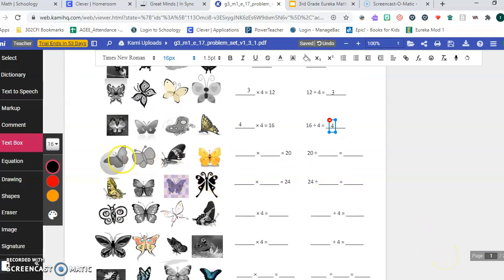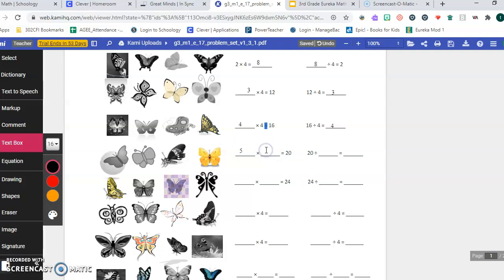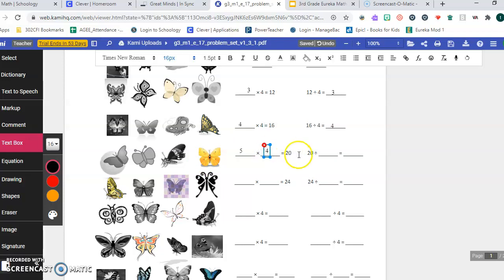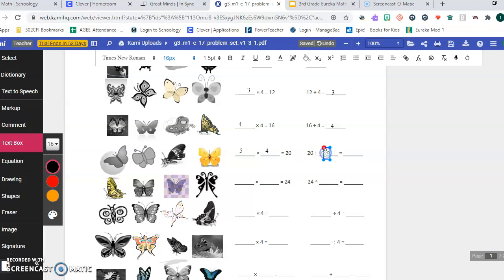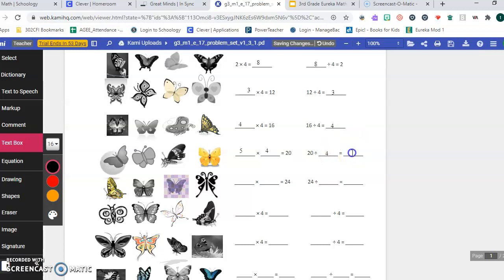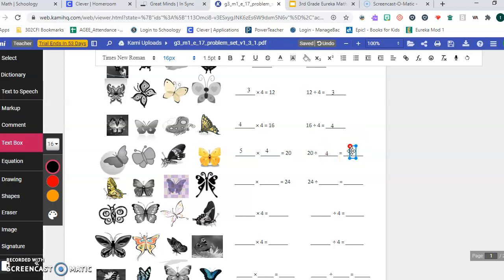Okay, now I'm at my fifth group of 4. So that's my fifth group of 4. Gives me 20 total butterflies. So I start with my total, 20 total butterflies divided into groups of 4 gives me 5 total groups. So you see how I'm using the same numbers?